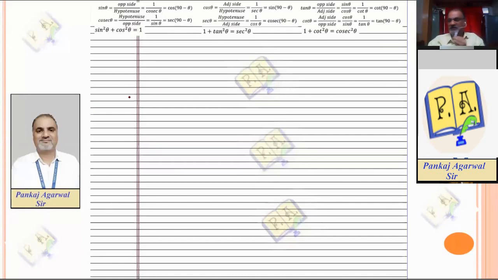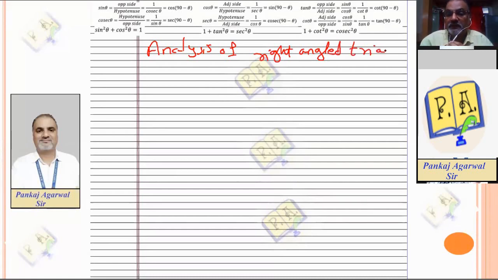In yesterday's class, we studied that trigonometry is nothing but the analysis of right angled triangle.